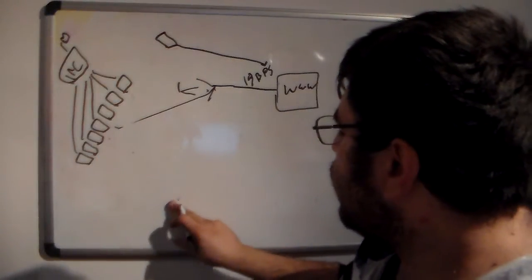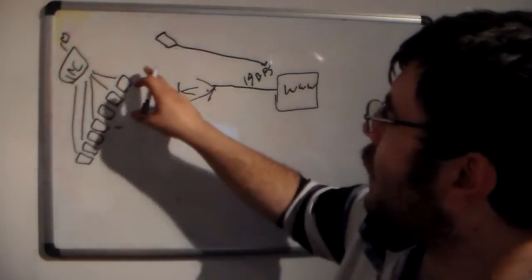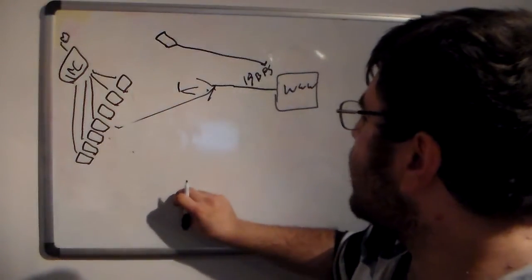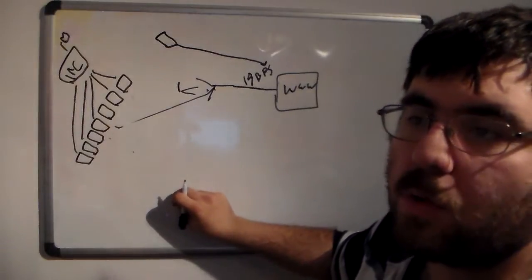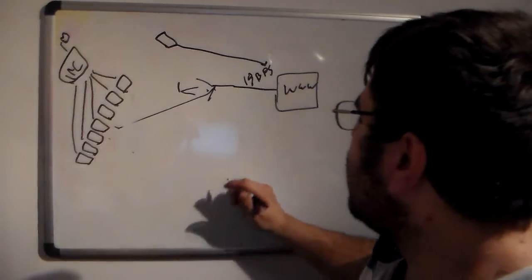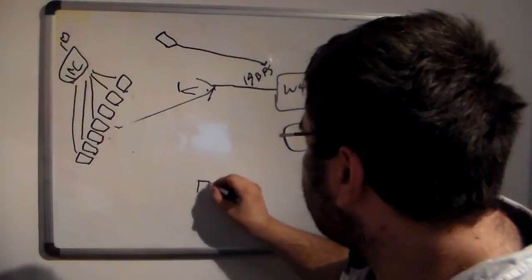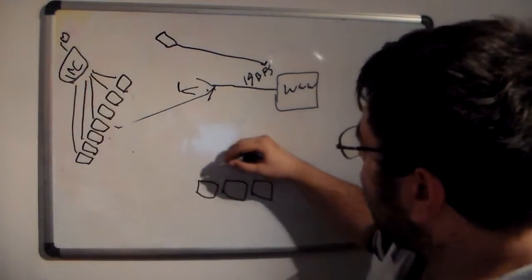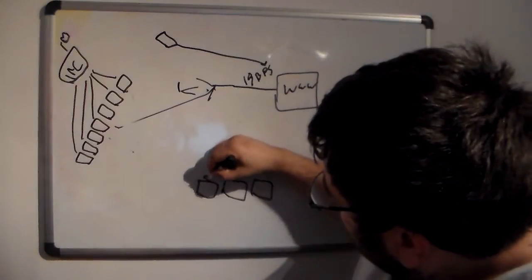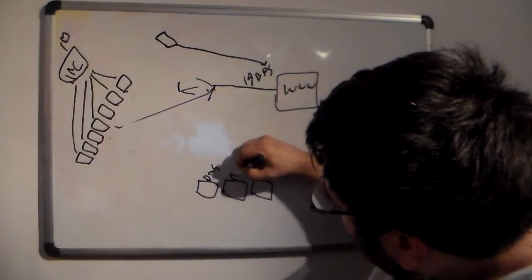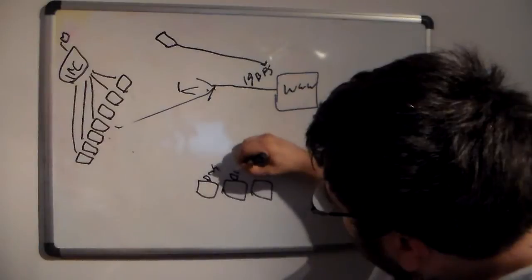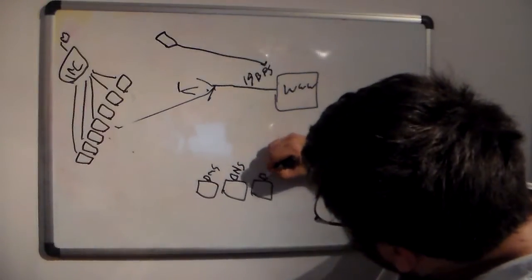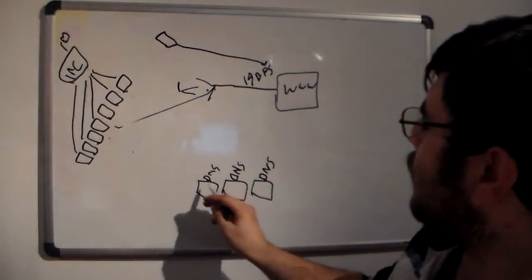Now, another issue is that along with compromised machines, we have servers out on the internet that are also compromised or misconfigured. One of them are DNS servers. So got a couple DNS servers here. Just for illustration purposes, we have 3 DNS servers.